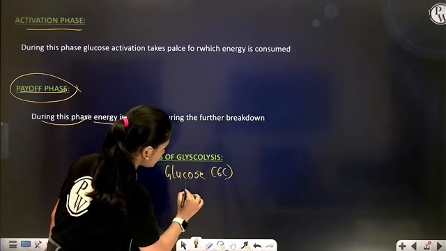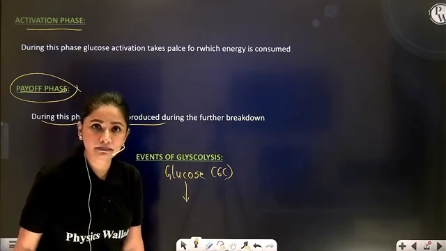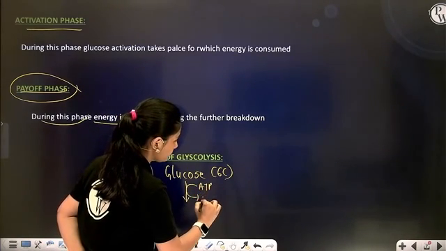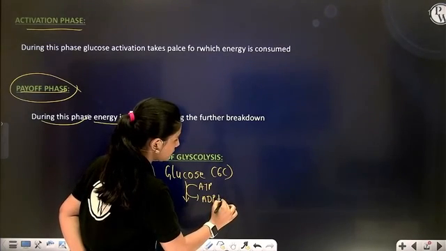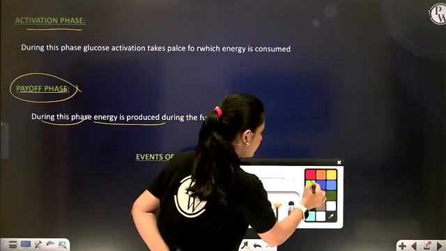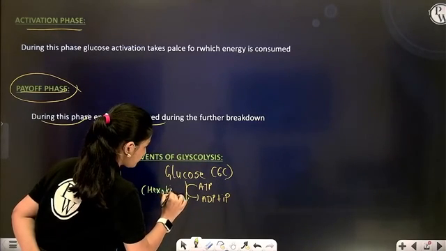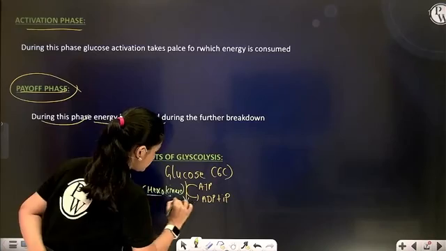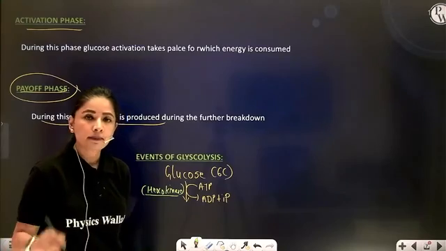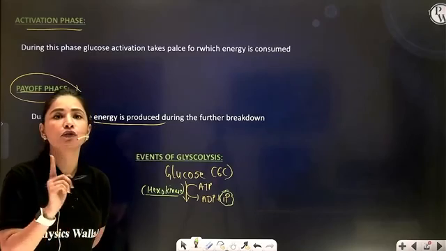So the first step is activation of glucose by providing it with ATP. One molecule of ATP will be broken down to release ADP and an inorganic phosphate. This process takes place in the presence of the enzyme hexokinase. The hexokinase enzyme will phosphorylate glucose by adding this inorganic phosphate to the 6th carbon of glucose.